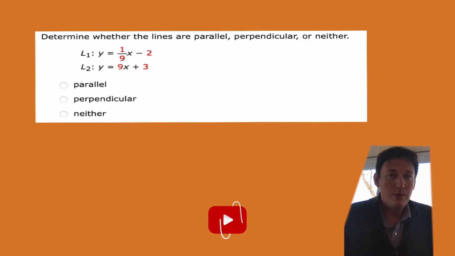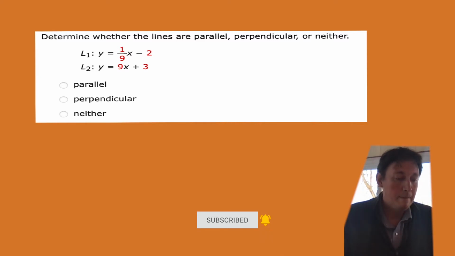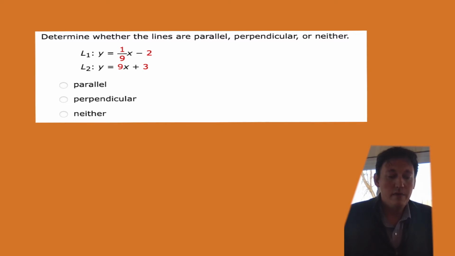In this example, you're asked to determine whether the lines are parallel, perpendicular, or neither. So let's just review really quick what happens to the slopes of lines in order to have parallel, perpendicular, or neither. So parallel lines are 2 lines that have exactly the same slope. They have to be exactly the same sign, same value.